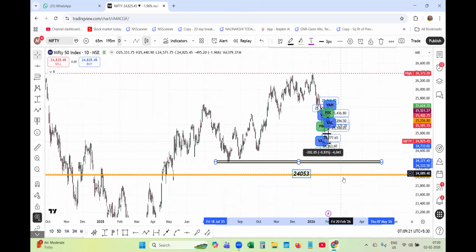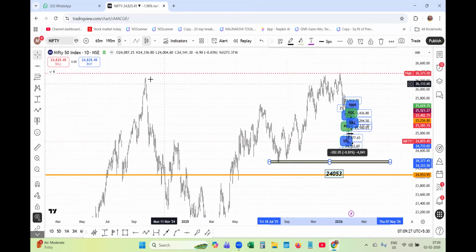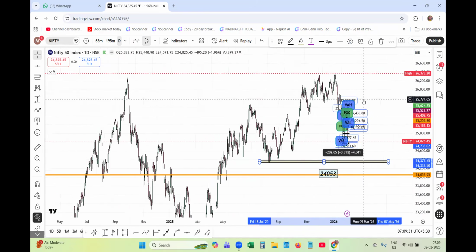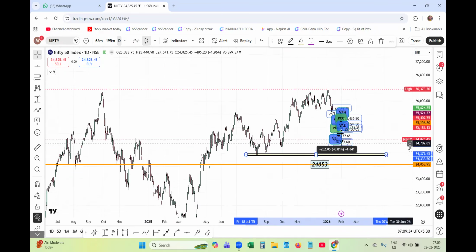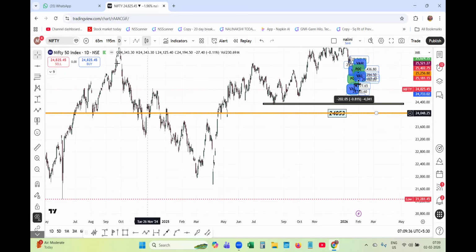If it takes the liquidity beneath this, it will gain momentum to trade higher. If it comes down and takes the liquidity, then the market has a chance to move above this boundary to the next level. This is a natural process, friends. The market has come down and it has moved up.